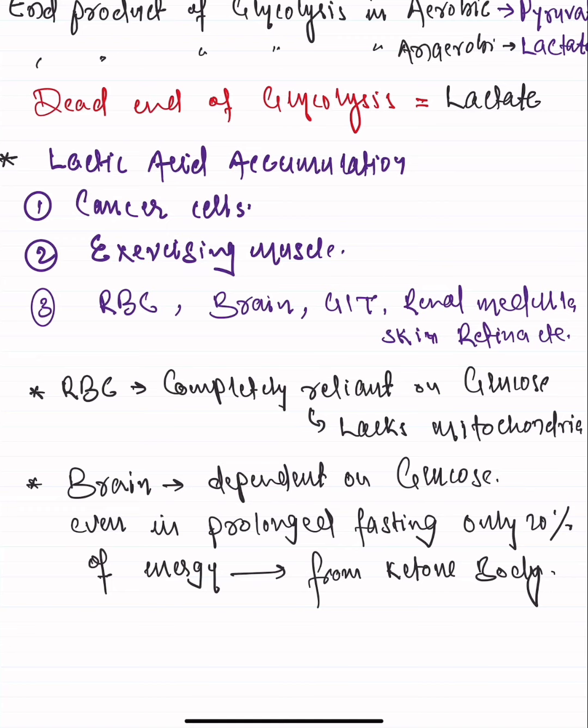Right? And what about heart? There is one special point about heart, that heart is adapted for aerobic performance. So there is low glycolytic activity in the heart. So in the ischemic condition, there is poor survival of heart.